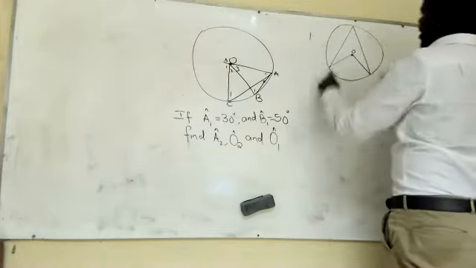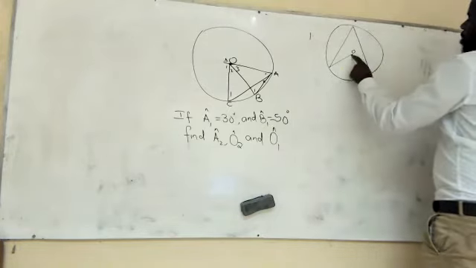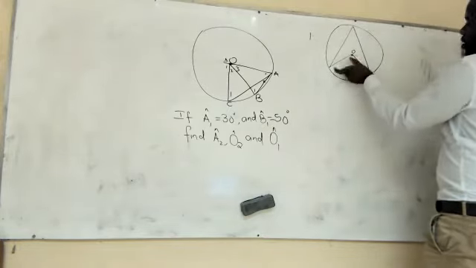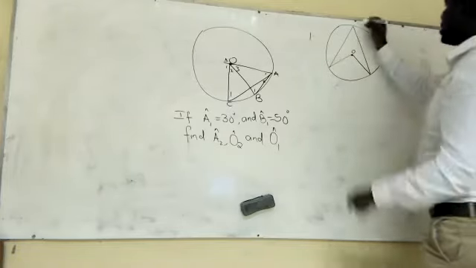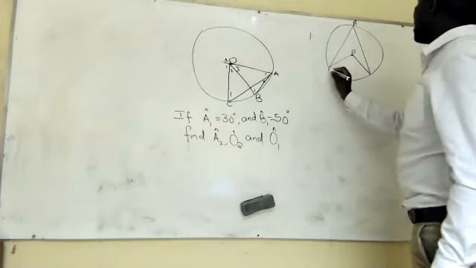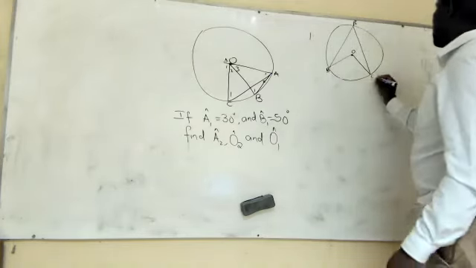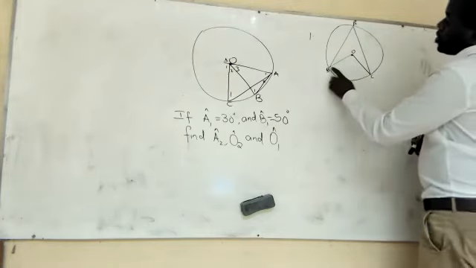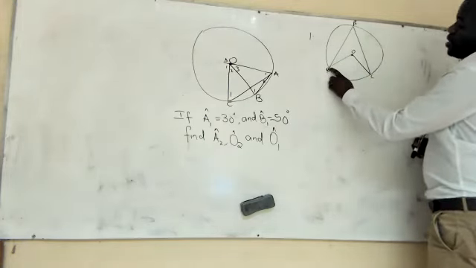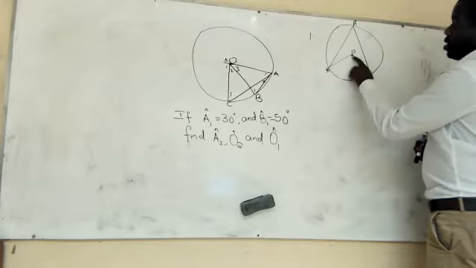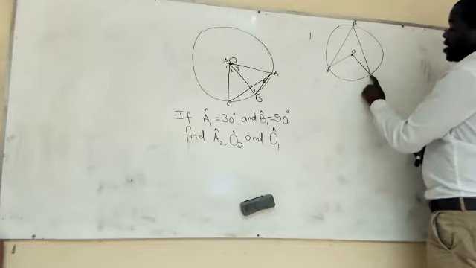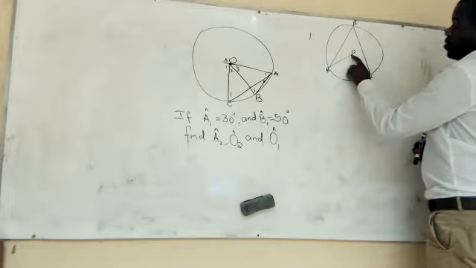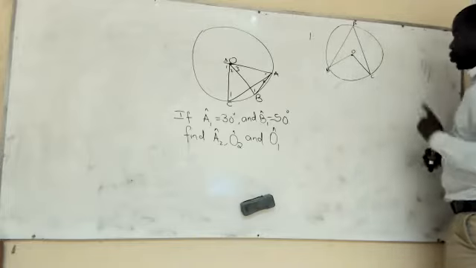In other words, it's a triangle with radii from the center to the circumference. These are the radii, which you must all be able to see. Let's say this is triangle ABC. From that triangle ABC, we construct a line from the circumference of the circle to the center of the circle. Again, from here we construct another line from the circumference to the center. So why are we doing so?